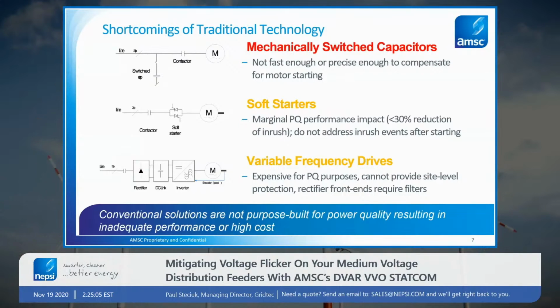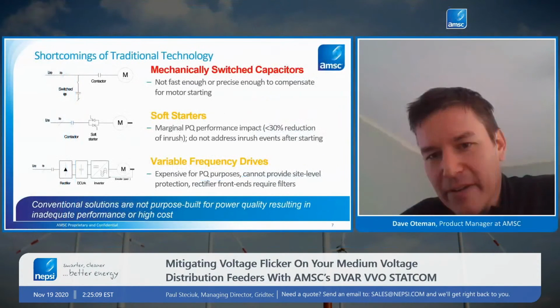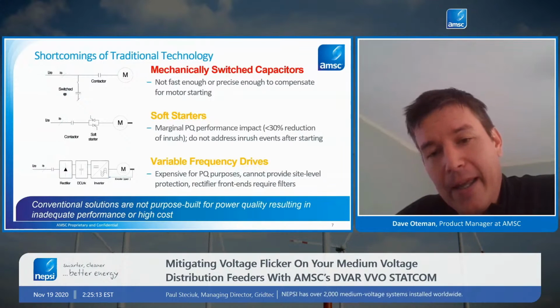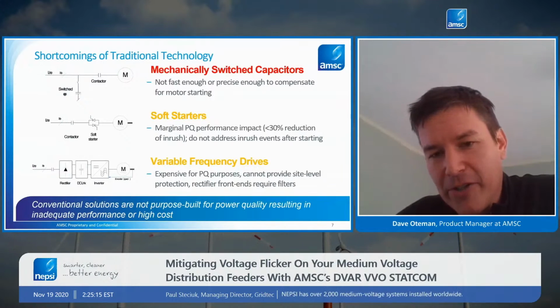So we talked about reduced voltage soft starting. As Paul mentioned, the V squared characteristic of starting torque really makes soft starters challenging, because by reducing the voltage, that starting torque is being reduced significantly.